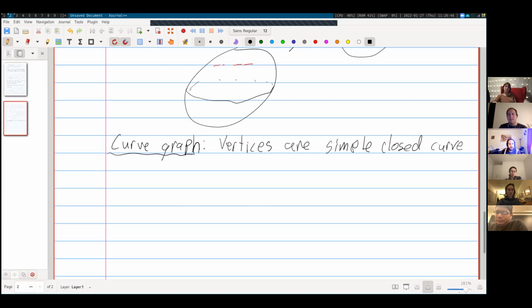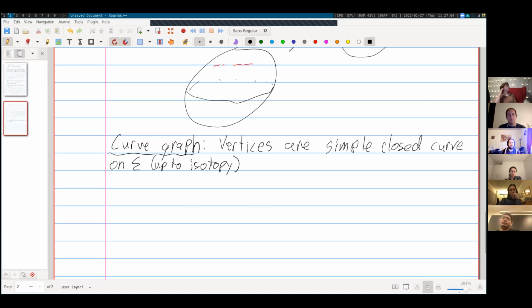Simple meaning doesn't intersect itself. Closed meaning it's the image of a circle. Simple closed curve on the surface, considered up to isotopy.